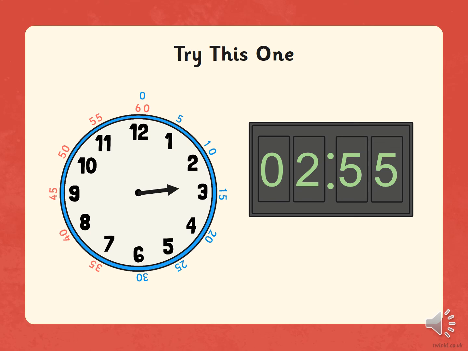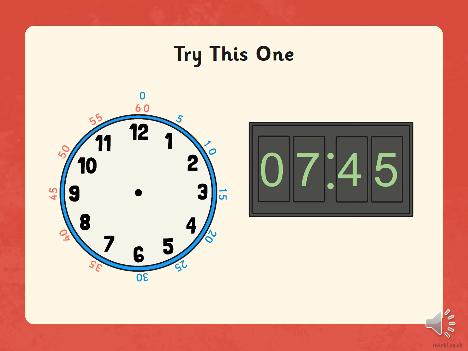First we click the hour hand, and then we count around in fives. 0, 5, 10, 15, 20, 25, 30, 35, 40, 45, 50, 55. Stop! 2:55. Wow, you're getting so good.